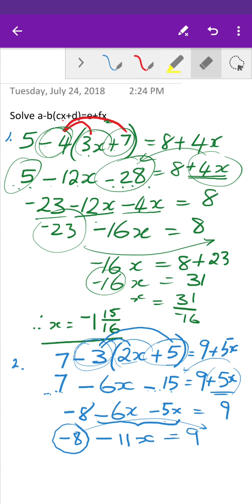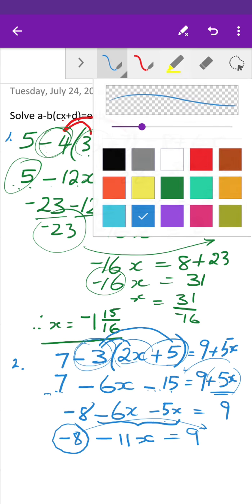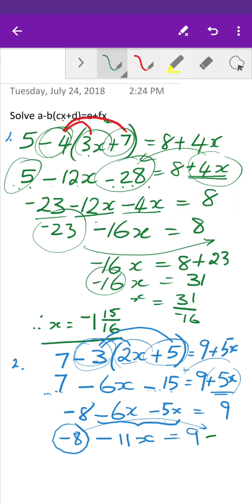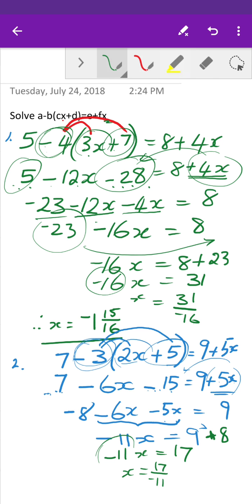It's gone from a negative 8 to a plus 8. Now we've got negative 11x equals 17, and we take the negative 11 across to be divided, so x equals 17 over negative 11, or negative 17 over 11. You don't leave the negative on the denominator.